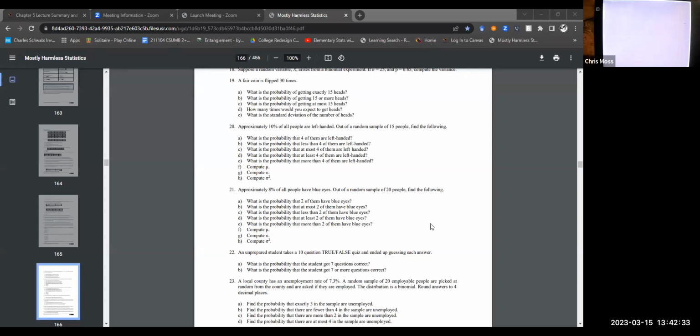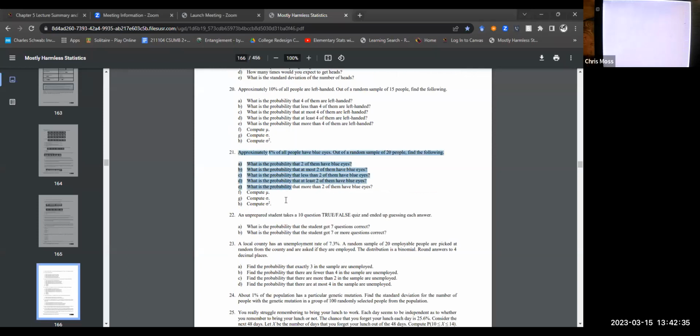All right, I'm going to take a look at number 21 in your problem set. Let me share my screen just so you know what I'm looking at. This is out of your text. It's one of the assigned homework problems. It's number 21 right here. Approximately 8% of all people have blue eyes. Out of a random sample of 20 people, find the following.